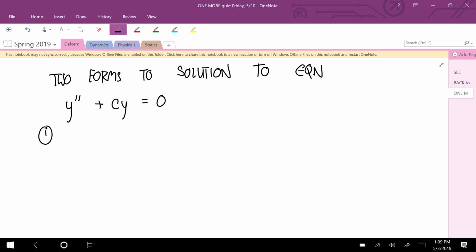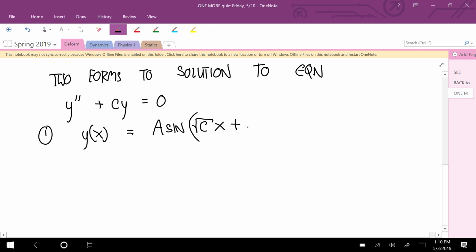We had the form that y as a function of x, well, really for us it was x as a function of t, is equal to some constant a times the sine of the square root of c times x plus b.